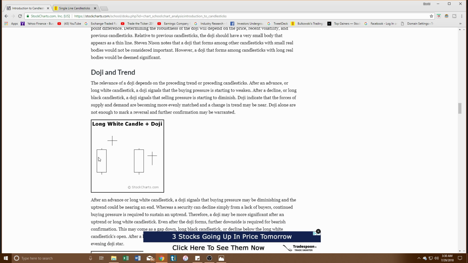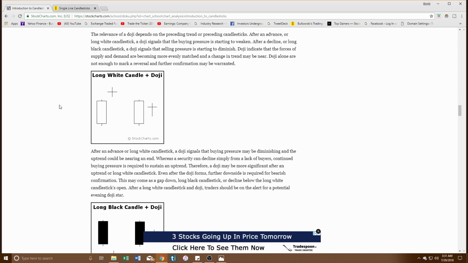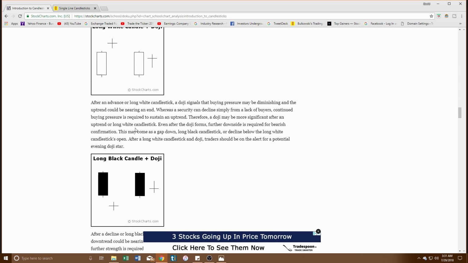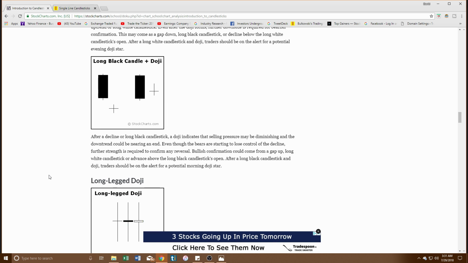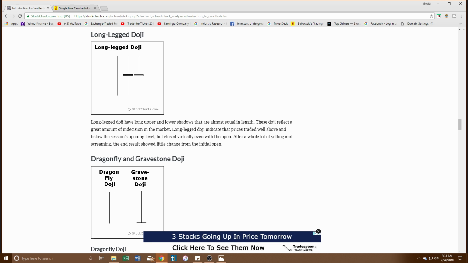And I'm just going to go over a lot of the basics with you guys. There are a lot of these candlesticks and a lot of candlestick patterns. I might do another video of a couple candlestick patterns that are most popular that you should be looking out for. And then you got long-legged dojis.